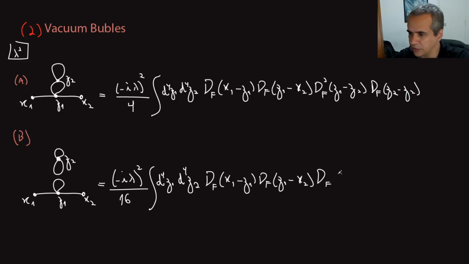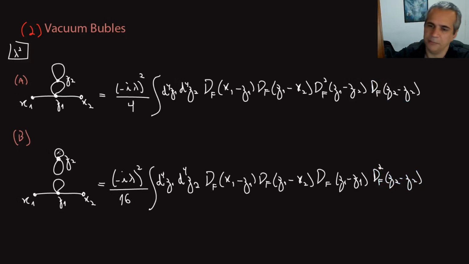In here I have a Z1 to Z1, and the Z2 to Z2 propagator squared, right? Because now I have two propagators going back to Z2. Let's look at how these guys translate to momentum space.